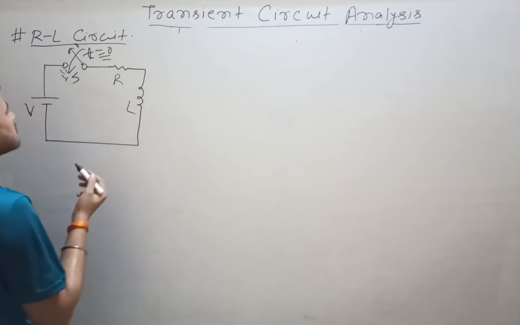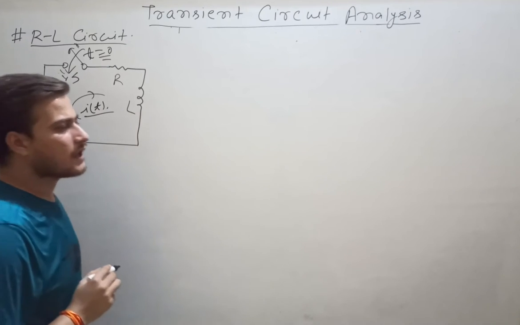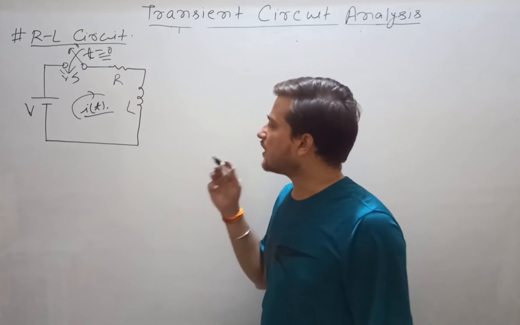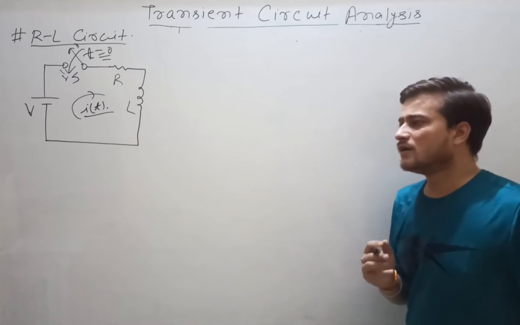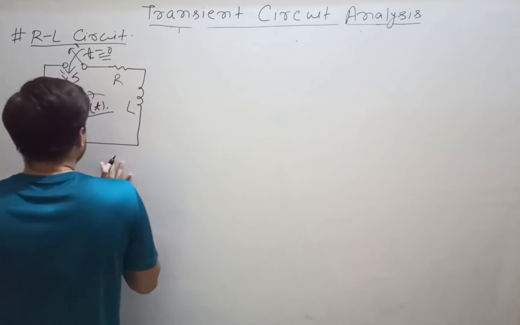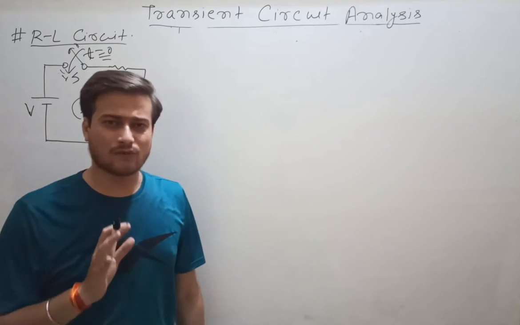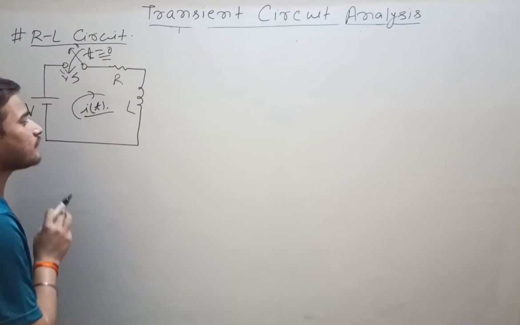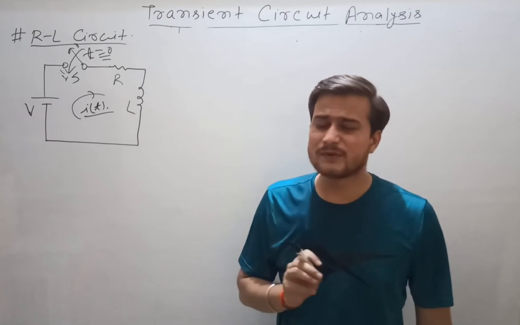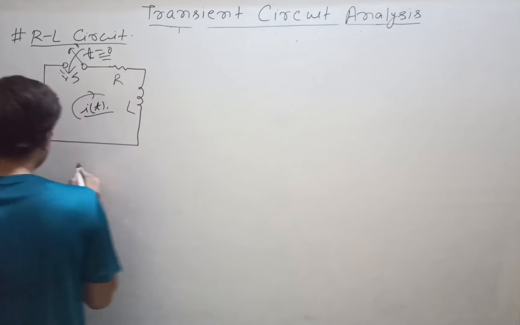So when the switch is closed, a current i(t) will start flowing in this circuit. Now we have to write the expression for current i(t). Without going through the derivation, I am directly writing the equation. I am giving you one universal formula that will always be applicable for finding current in RL circuit.